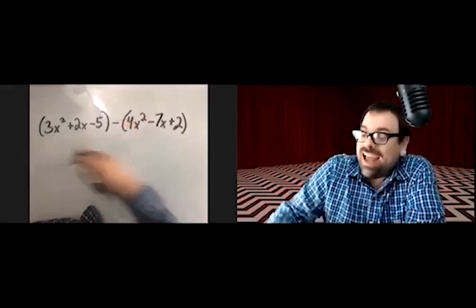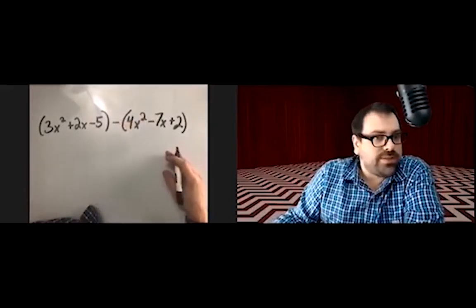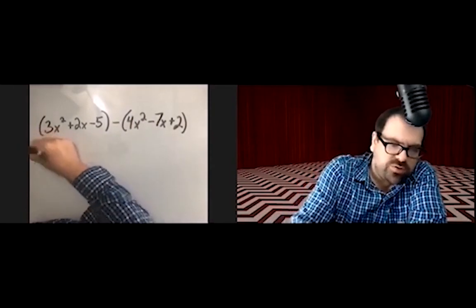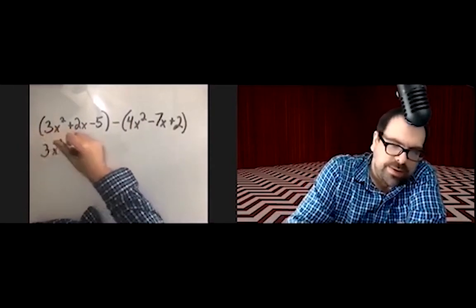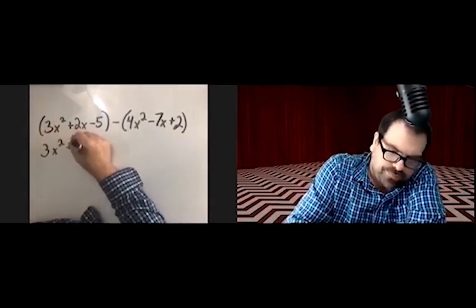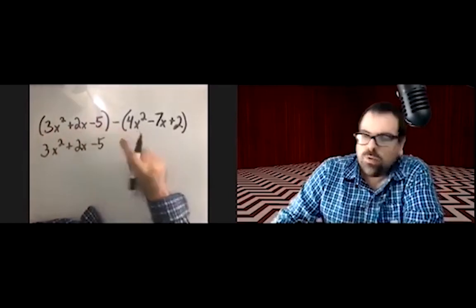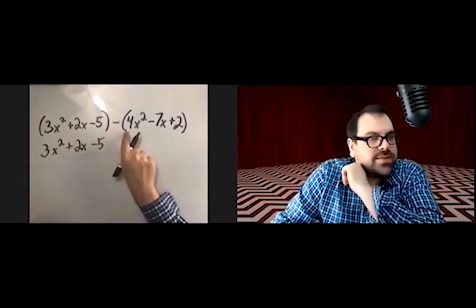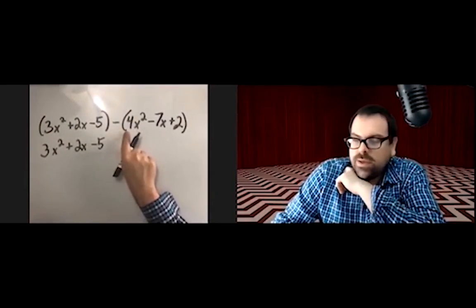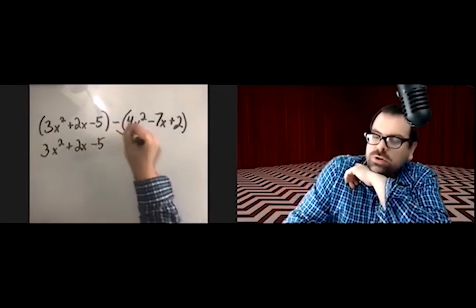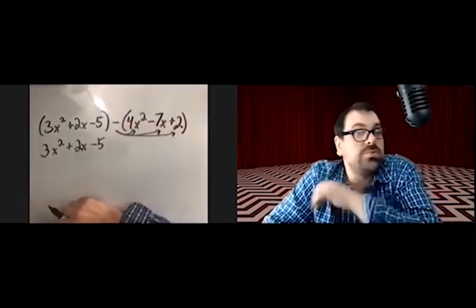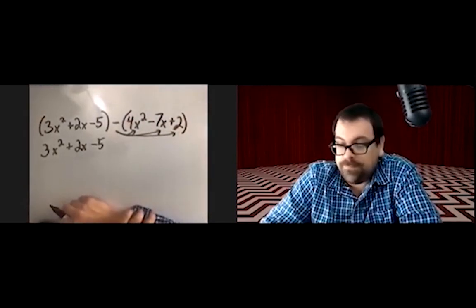Well, if we were adding, we could just drop the parentheses. But we can't do that here because as we start dropping the parentheses, we run into this minus parentheses. So to continue, we have to distribute the negative.